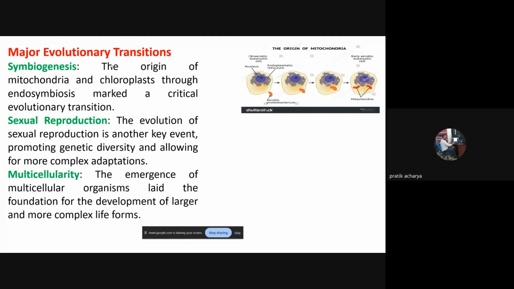That is the reason for the variation in the species. Multicellularity also: the emergence of multicellular organisms laid the foundation for the development of larger and more complex organisms. If multicellularity does not occur, then complex organism evolution might not come to the earth's surface.